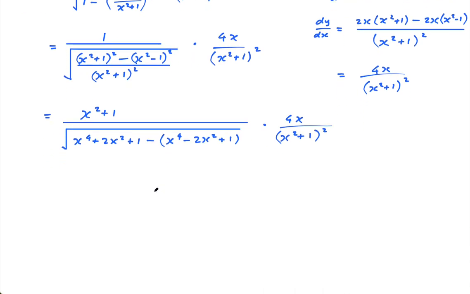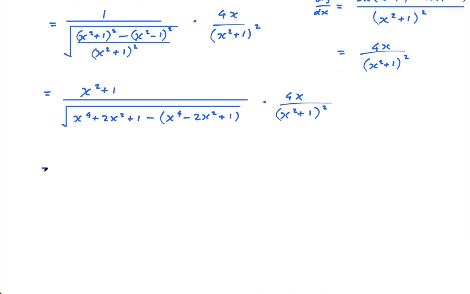Okay, now this is equal to, well, this nicely cancels with one of these guys. There's x squared plus 1 and x squared plus 1 squared. So I'm left with, on the numerator, just this 4x. And then this actually works out quite nicely. My x to the 4 cancels with this x to the 4. My 1 cancels with this 1 because it's minus.